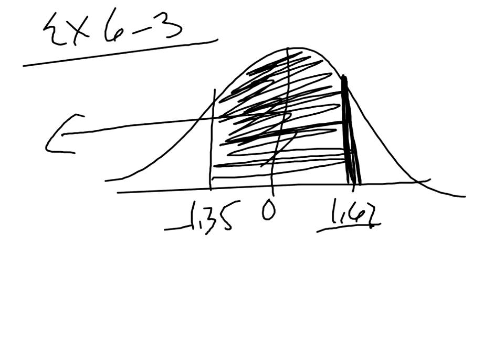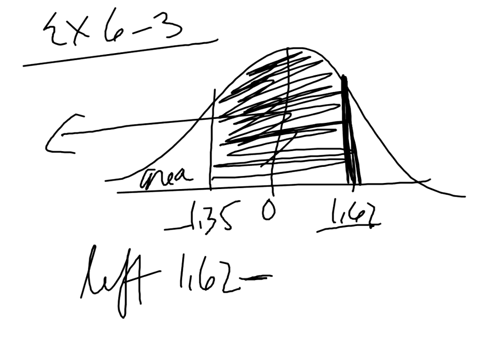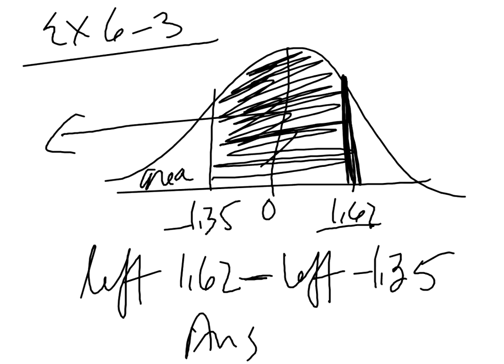Then we can also find the area to the left of z equals 1.35. If we find the area to the left of 1.62, and we subtract the area to the left of minus 1.35, that will give us our answer.